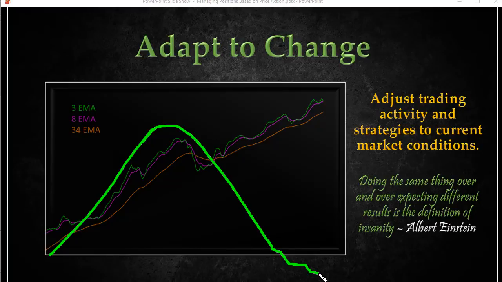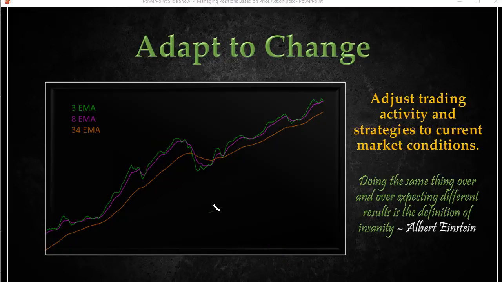What's worse is those drawdowns would often be further down than the rallies, the moves up in that account. One of the reasons for that is we're not adapting to the market condition. So when you start seeing that happen, you have to stop and adjust. You have to change.